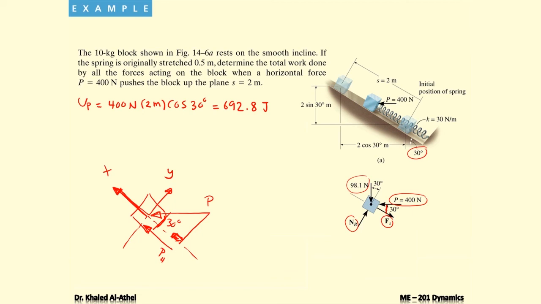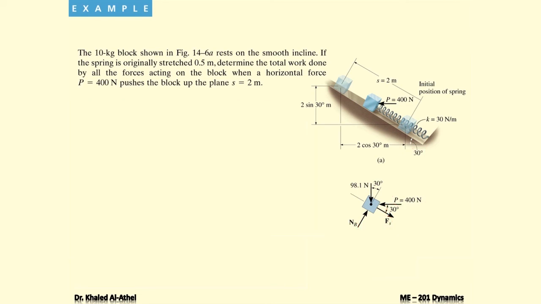Now let's look at the work done by the spring force. If you remember, we said that the work done by the spring will equal minus, and then you open a bracket, half K S2 square minus half K S1 square. Now let's identify what S1 and S2 are, and then I can carry out the calculation.